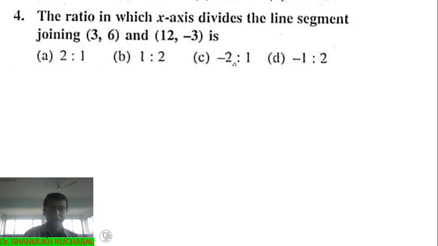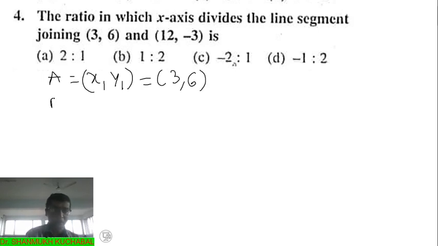We take A as the first point (x1, y1), (3, 6), and B as (x2, y2), (12, -3).